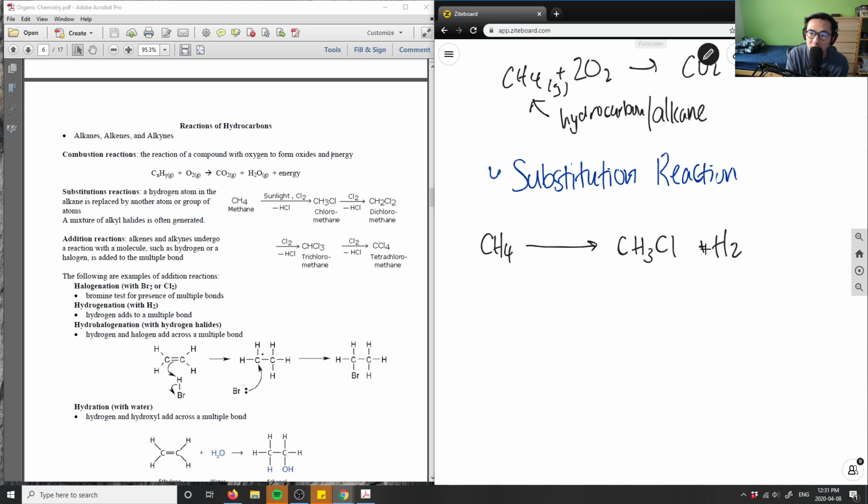Actually, I don't know if it gives off H2 gas. It might be just the H plus ion, because this substitution reaction is a radical halogenation, which is very volatile.